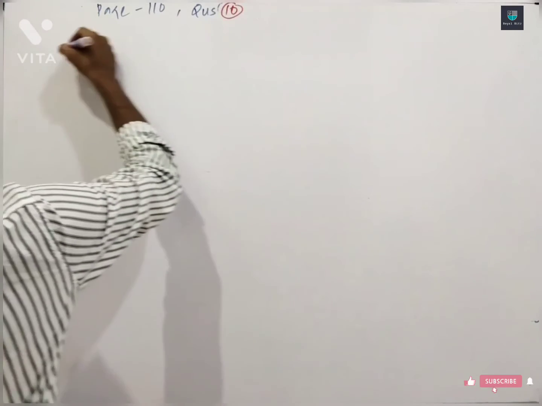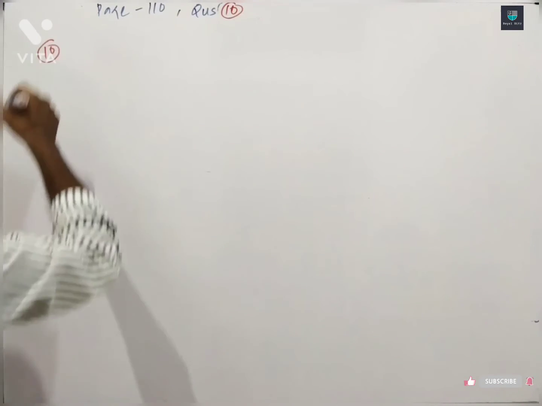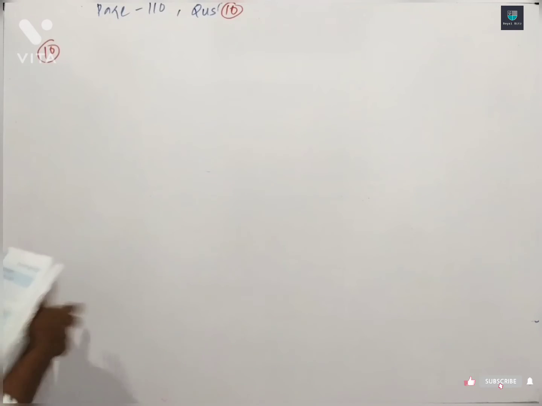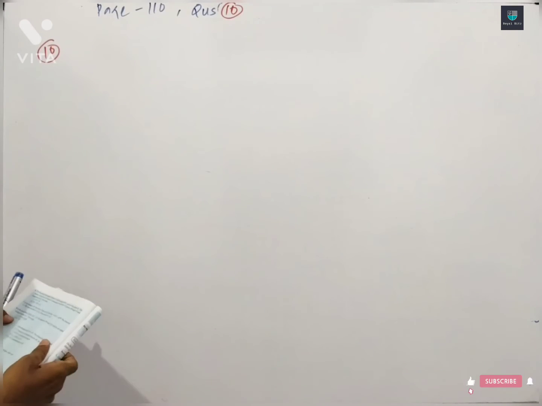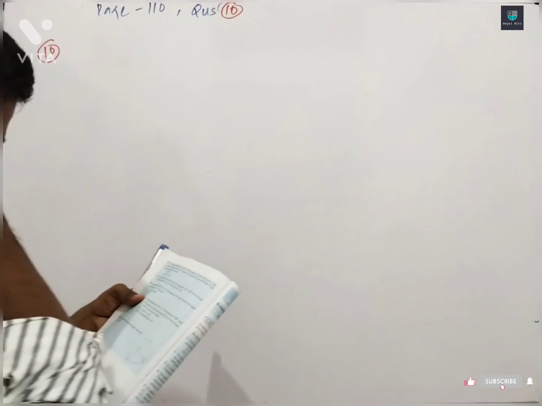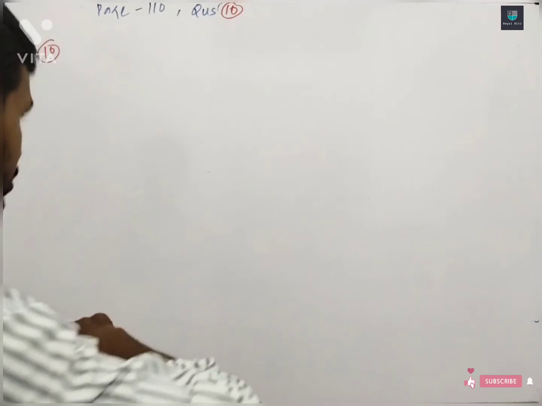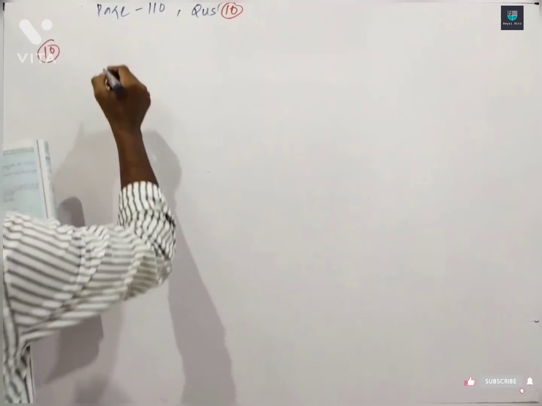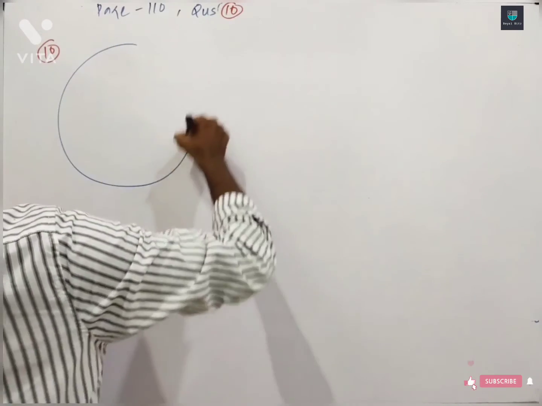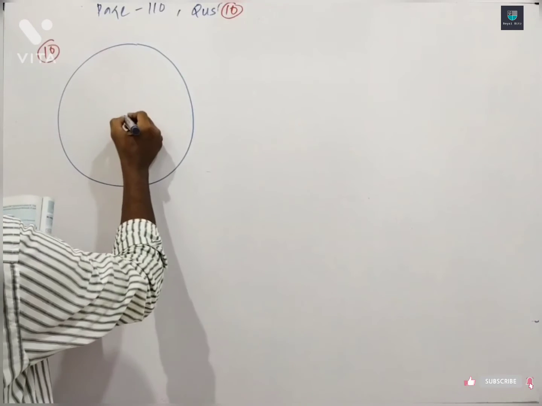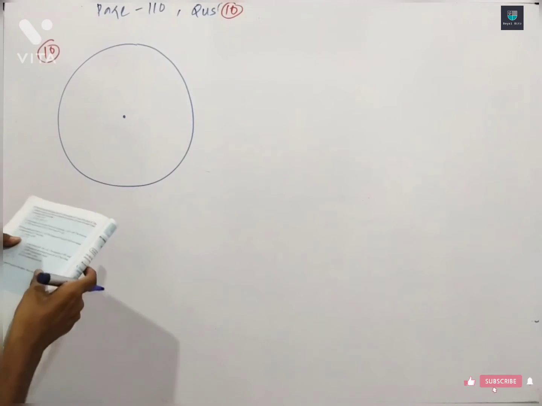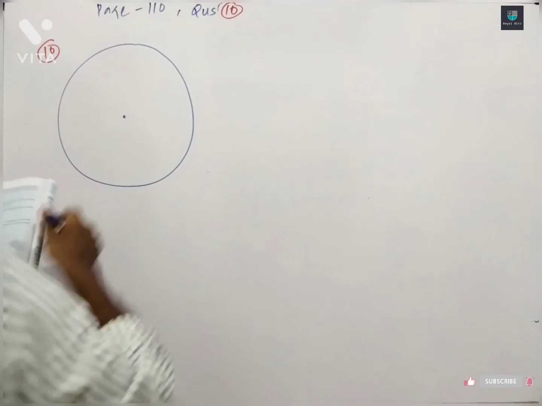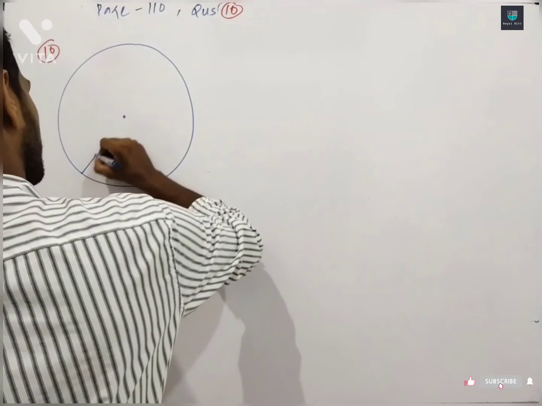Question number 10. Again, read the question number 10. Circle with center A is given in the figure, so we will go there. Again, this is being done like this.